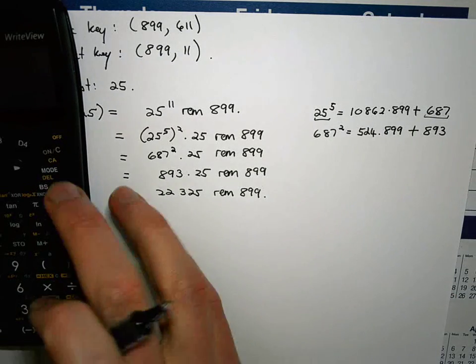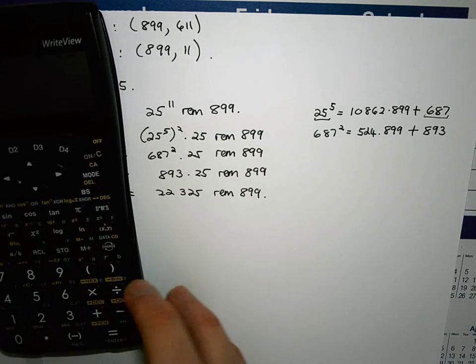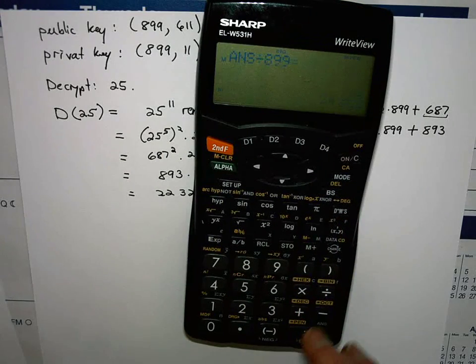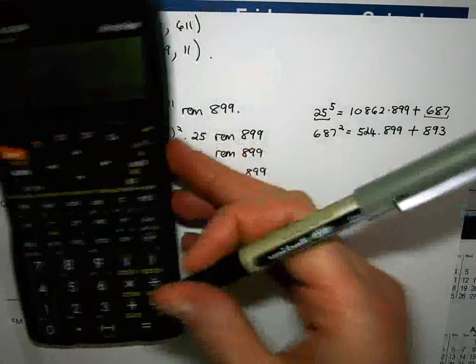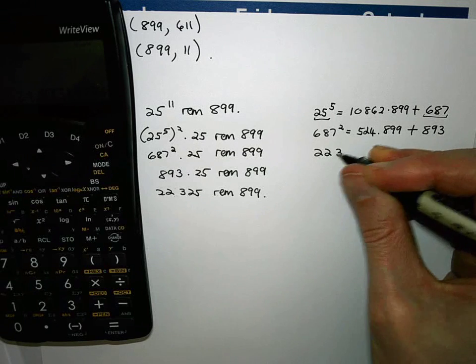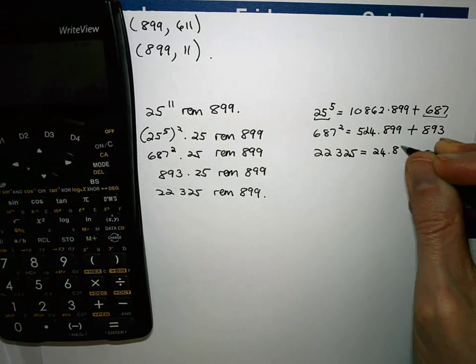I want the remainder of this number after division by 899, so let's divide it by 899. 899 goes in 24 times, so 22,325 is equal to 24 times 899 plus the remainder.